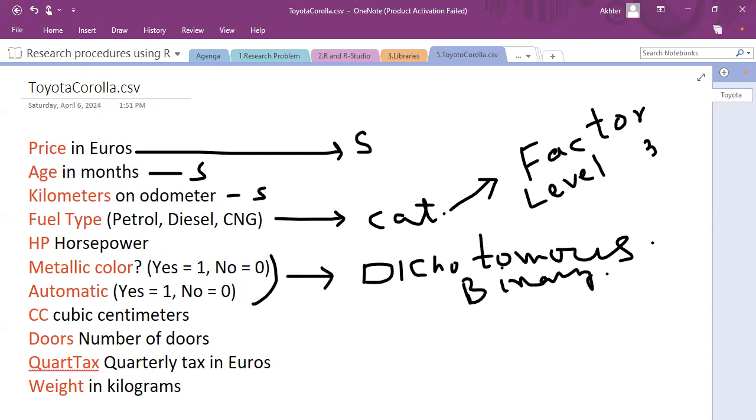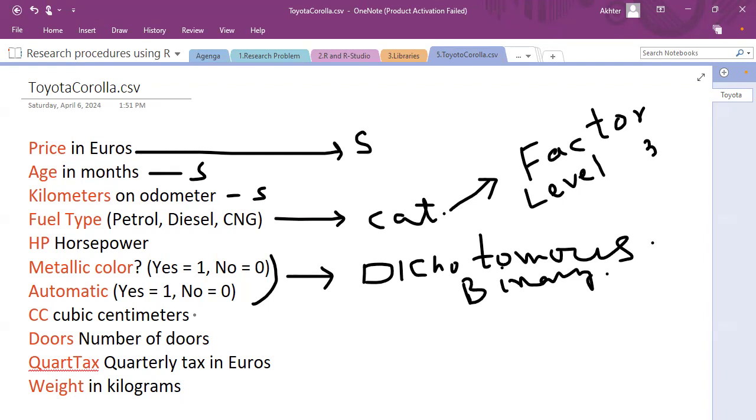In most of the analysis, wherever we need a scaled variable or a numeric variable, we have to use a scaled variable. So we cannot use metallic color, fuel type and automatic car in those procedures which need a scaled variable.